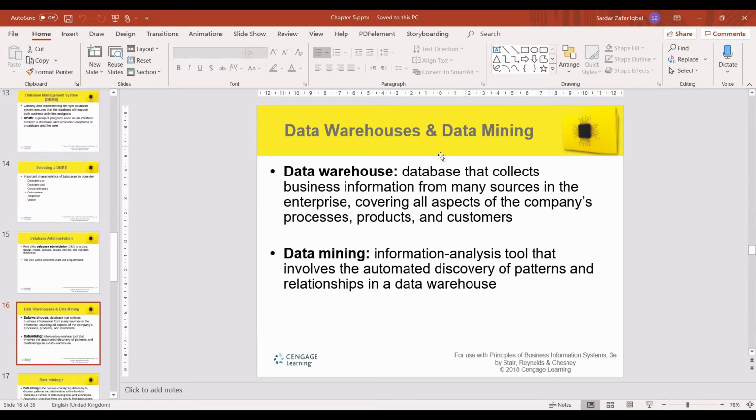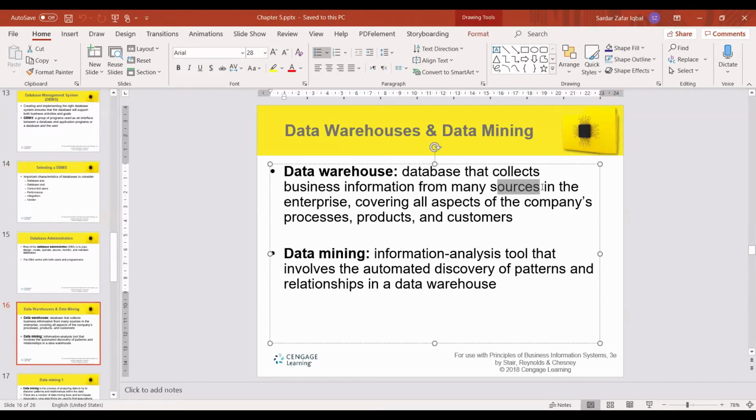A database that collects business information from many sources in the enterprise, covering all aspects of the company's processes, products, customers. So it means it is a collection of databases, if I say. There are many databases related to the organization that you can find within the data warehouse.